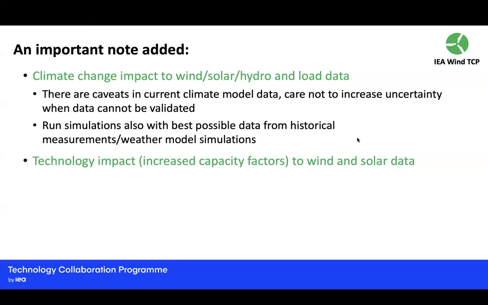They have already made climate change data sets too. I'm not sure whether they are public yet, because they just made public the data sets that they use for Europe from historical data. So this is something that is coming. And I'm not sure, NREL is also doing some data sets.